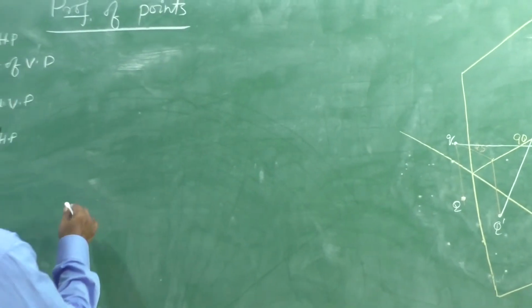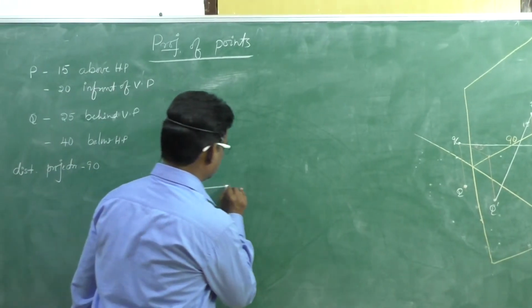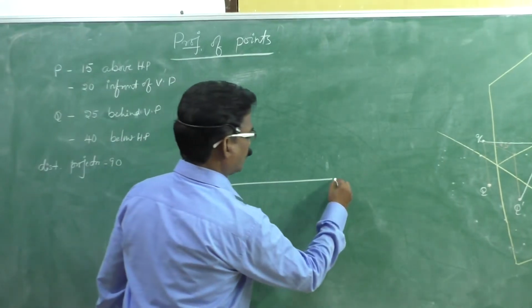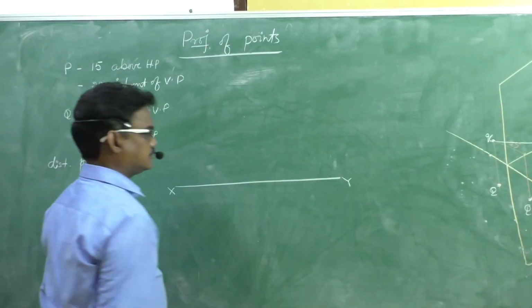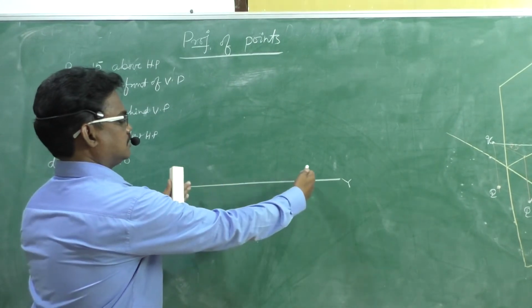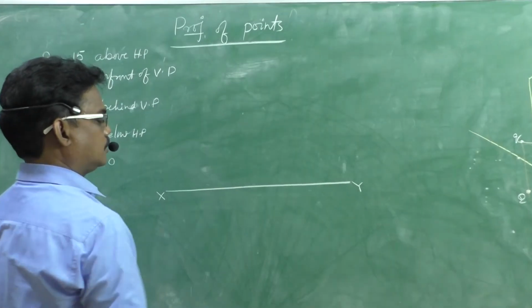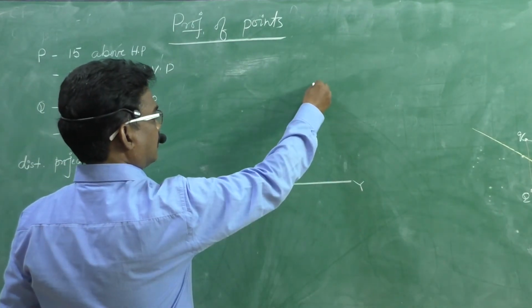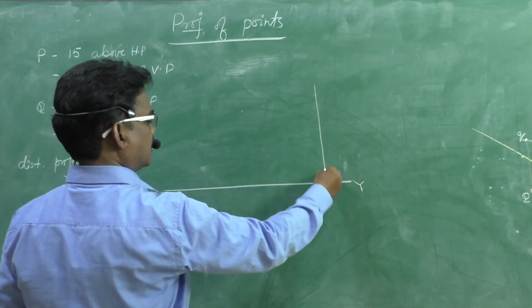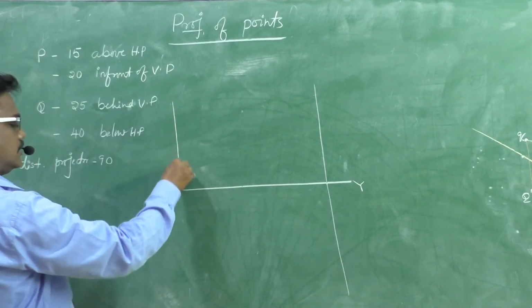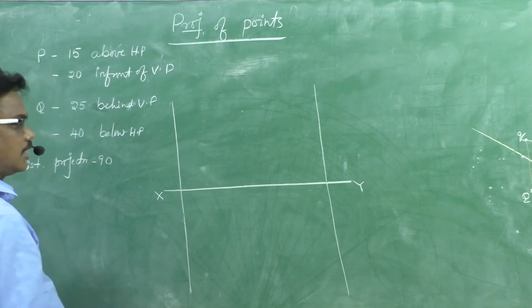Now, orthographic projection. This is the XY reference line. And we know the distance between the projectors of P and Q is 90. Therefore, draw a constructional line here, and here also, a thin line we need to draw.